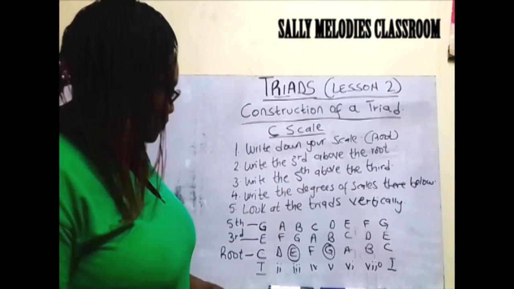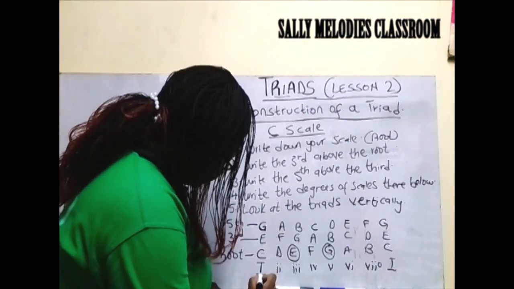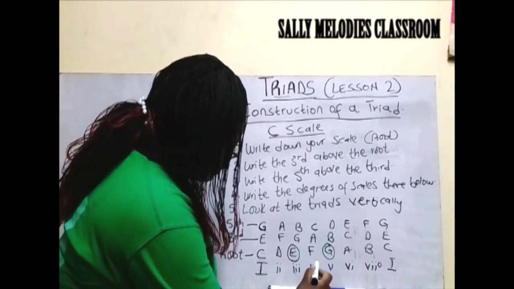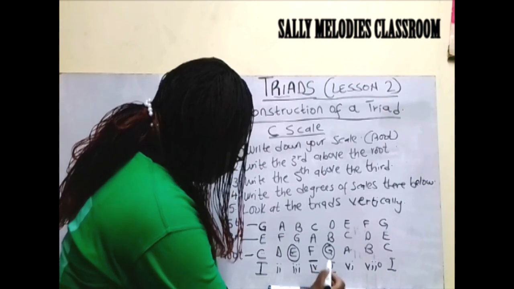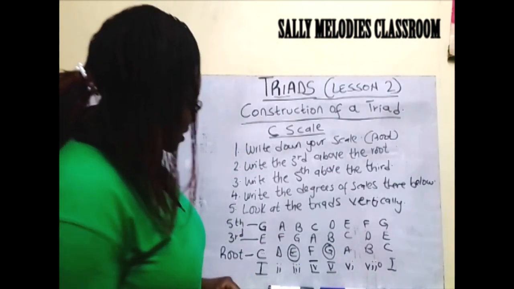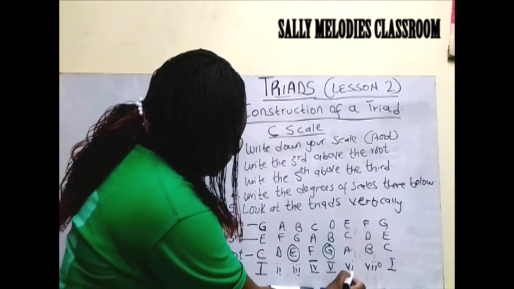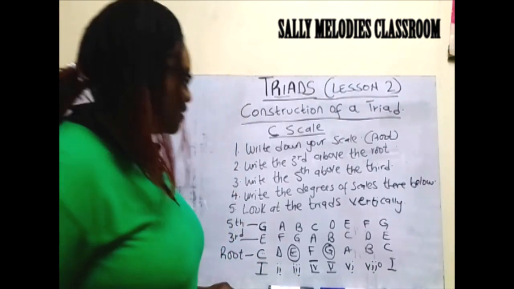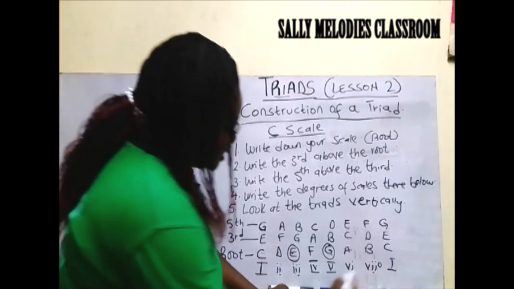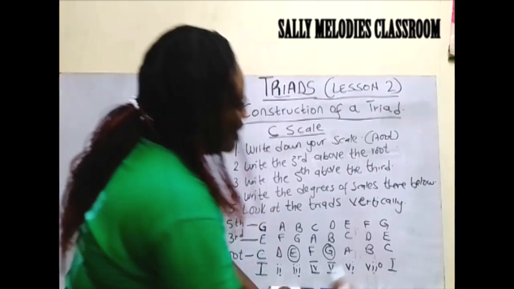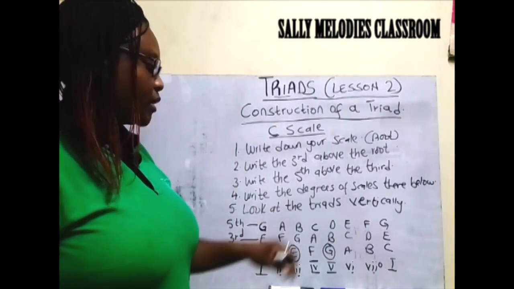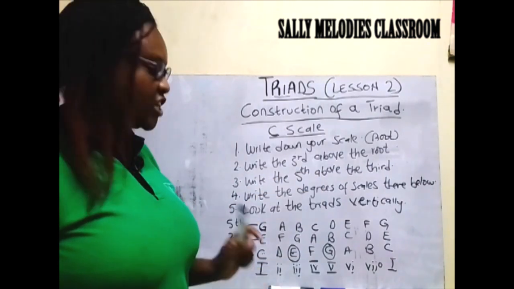So, chord 1 or degree 1, 4 and 5, they have Roman capitals. 2, 3, 6 and 7, they have small Romans. But 7 has something here which we are going to talk about when we start looking at the types of triads. The types of triads or chords.